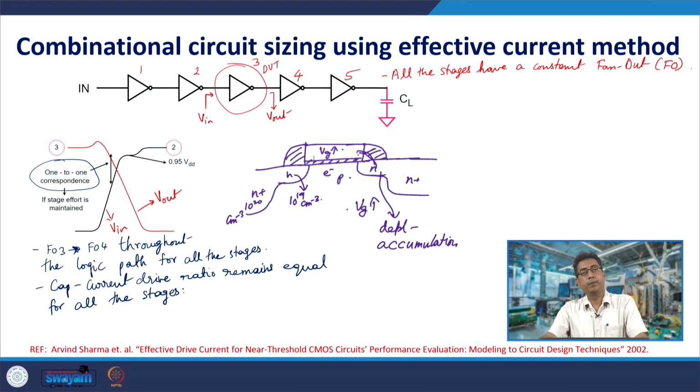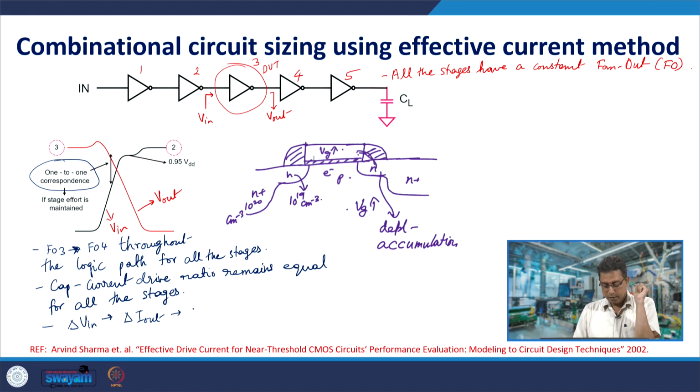What do we mean by this? A change in input voltage for a stage results in a certain change in the output current, and this would result in a certain change in the output voltage.